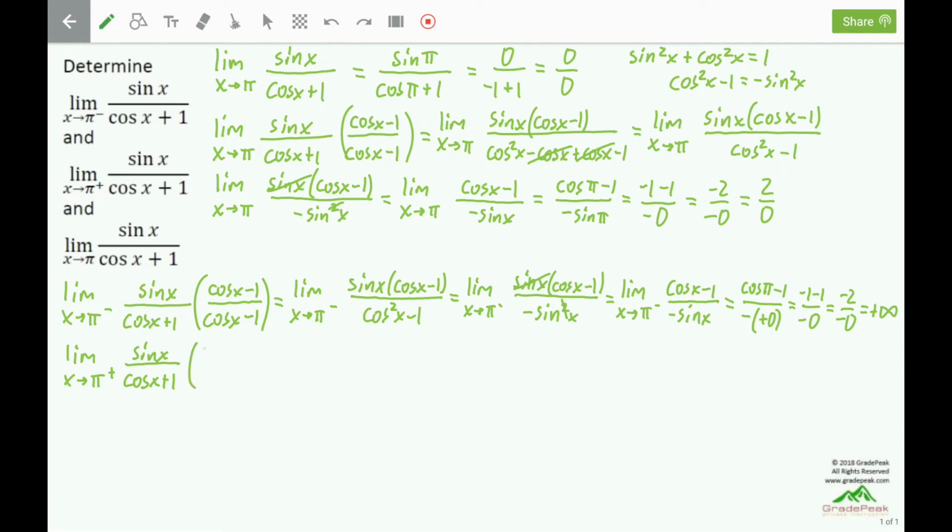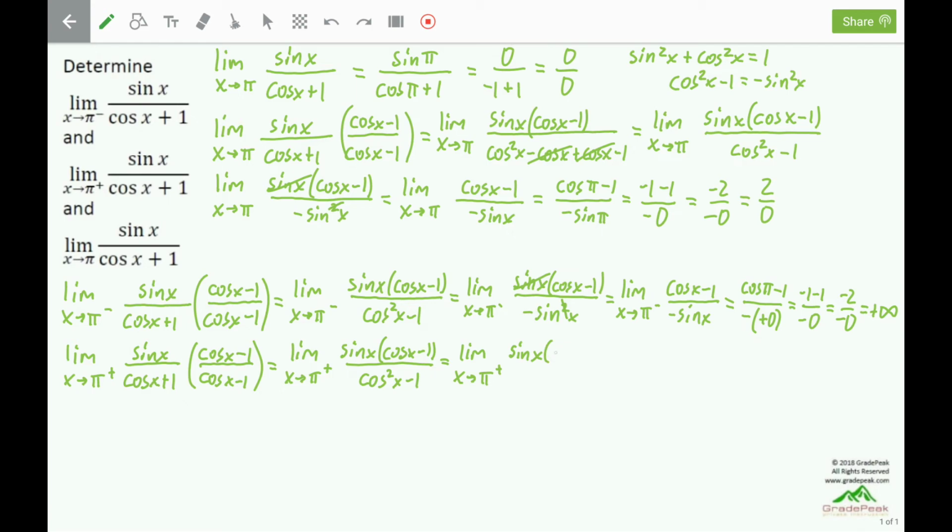The right-sided limit can be worked out in a similar fashion. It starts with multiplying by the conjugate over itself. We will not distribute in the numerator. We will FOIL in the denominator. We have the identity for the denominator.